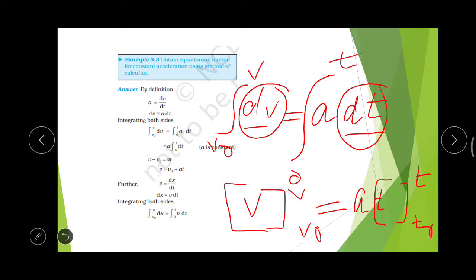We have done the integration: dv became v and dt became t.